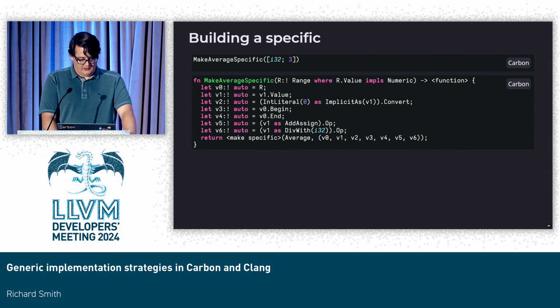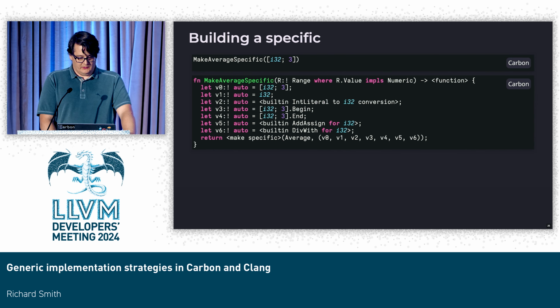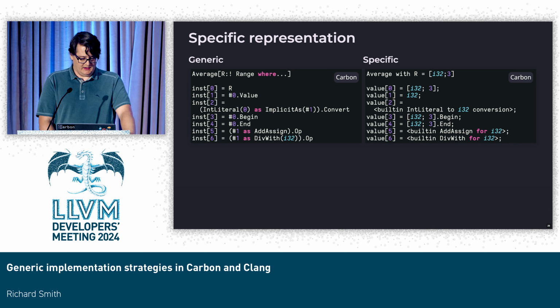And as an example, if we're forming a specific of this average generic, we're going to compute the corresponding values, and that's a little bit easier to see. On the left here, we have the generic and its array of symbolic values. On the right, we have the specific and the corresponding array of evaluated values for this particular type, which is an array of 3 ints. And these are both just dense contiguous arrays of values, a very compact representation.